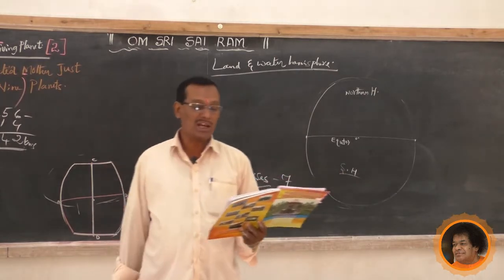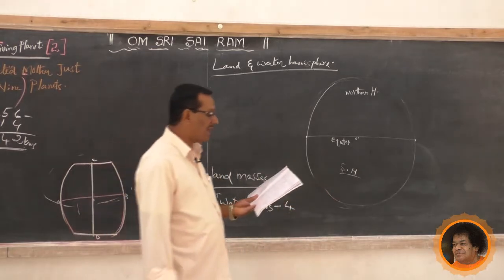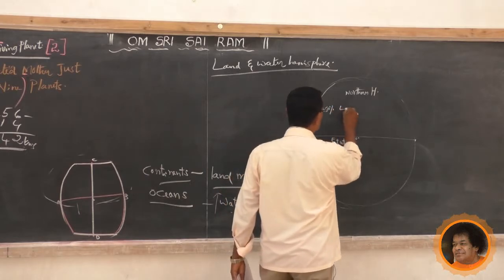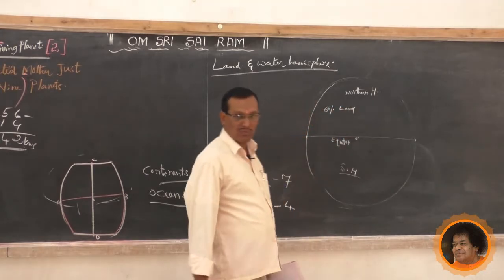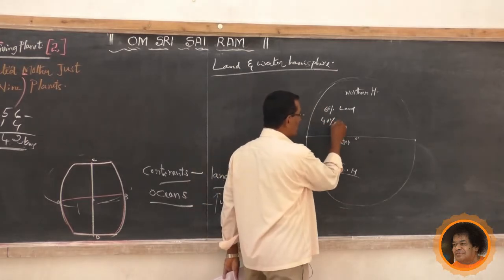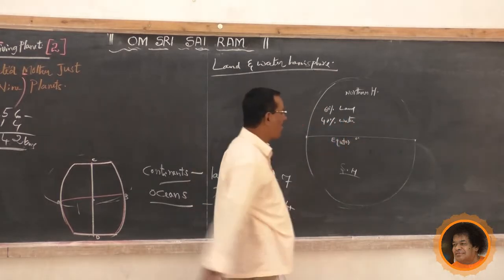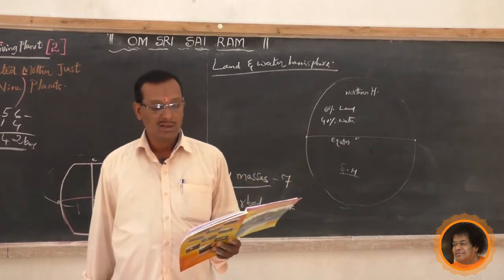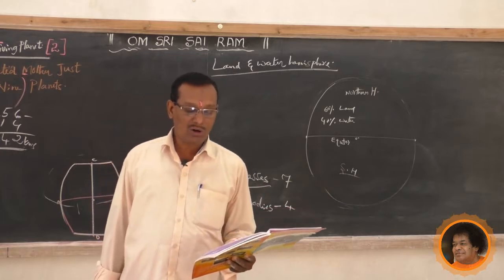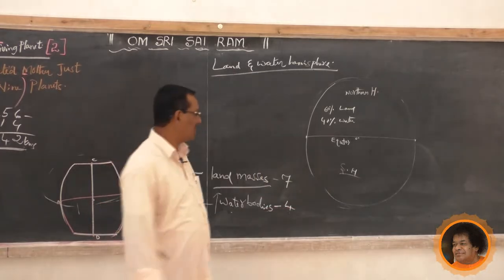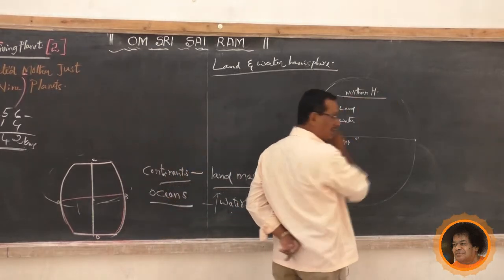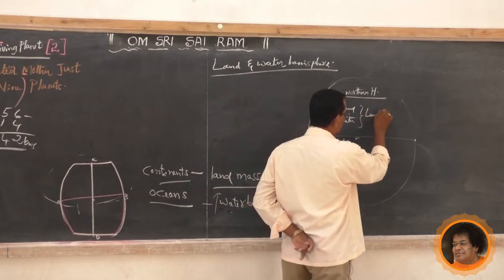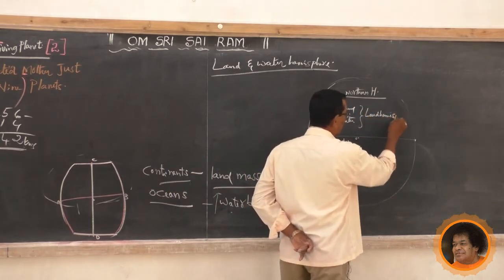The northern hemisphere has 60% of land and 40% of water. Therefore, it is called the land hemisphere.